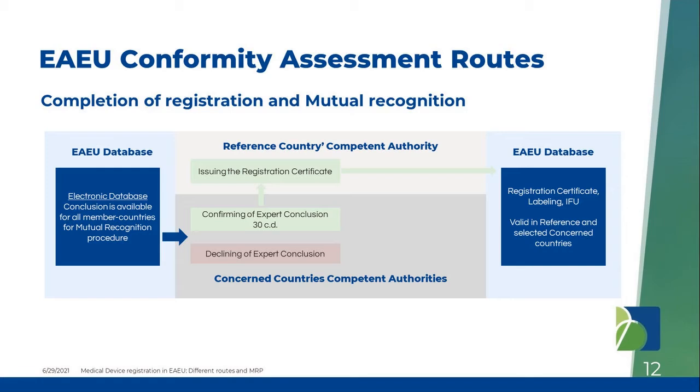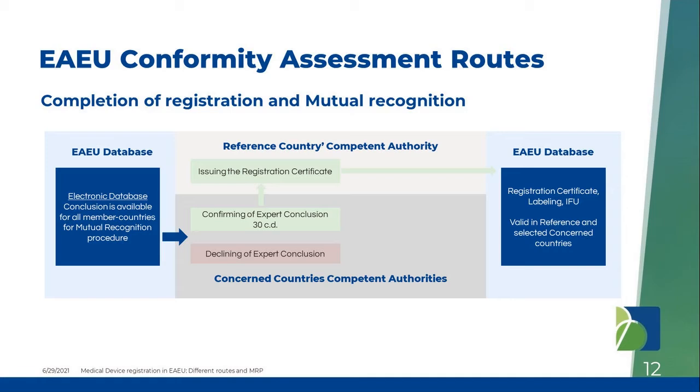After providing the payment confirmation, the competent authorities of the concerned states should provide the confirmation of mutual recognition or refusal of registration within 30 business days. In case of refusal, they should provide the arguments, the justification for refusal.